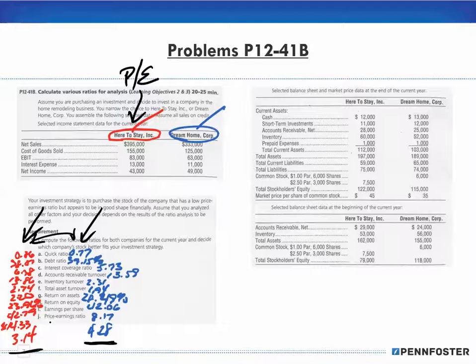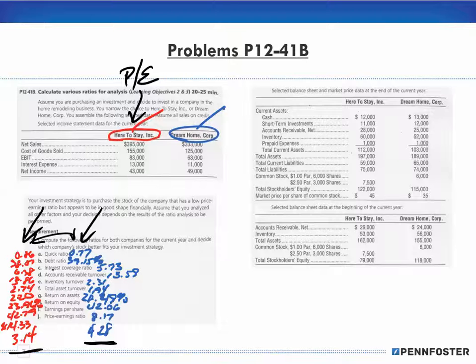There is no magic number. All right, so let's go down and quickly look at these ratios. On the quick ratio, it's saying that Here to Stay is better than Dream Home. The debt ratio is a little bit better than Dream Home, although it's relatively close, only 1% off.